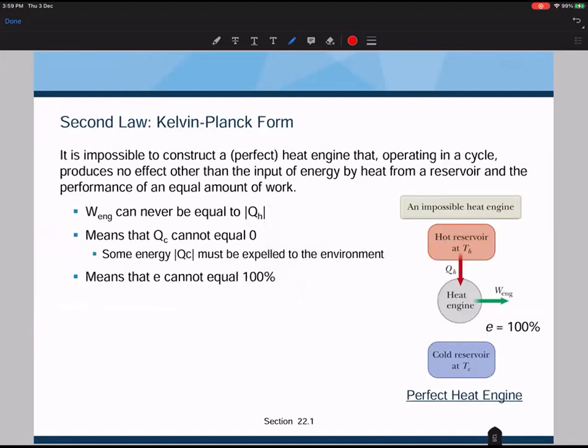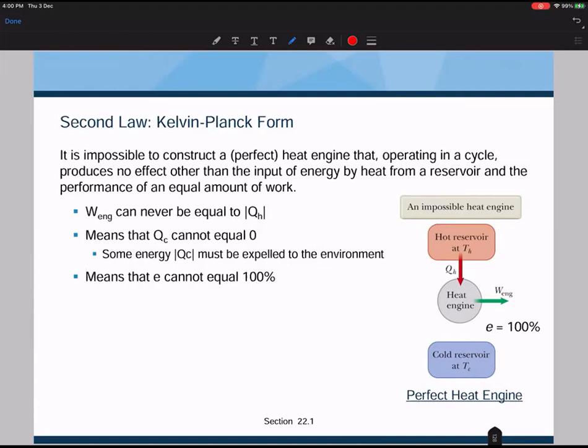And the second law of thermodynamics, in one of its forms, states that it is never possible to construct a heat engine which has an efficiency equal to 100%, not to mention over 100%. It cannot even be equal to 100%.